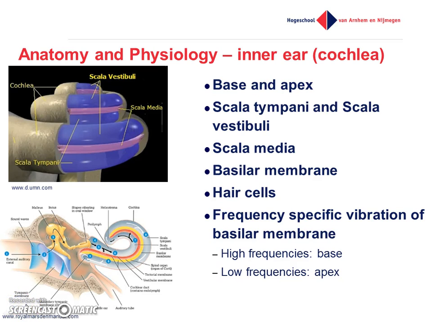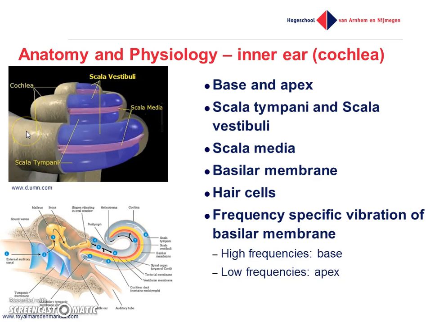On the previous sheet, I told you a lot of words I want to explain to you now. Have a look. In the upper picture, you see the cochlea going its rounds from the base to the apex.